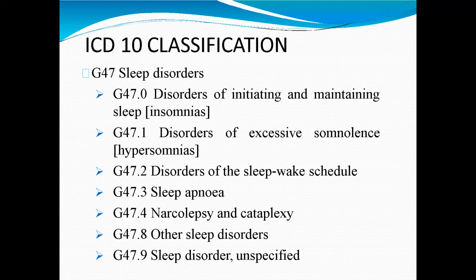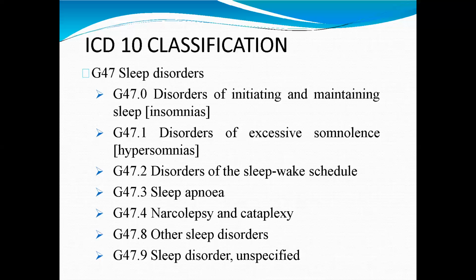This is the International Classification of Diseases. You can see this classification is given a lot of coding, with numbers assigned. It is a classification used in medical coding as well.